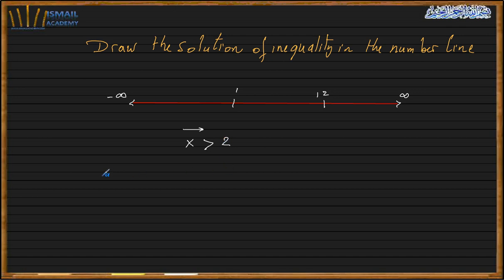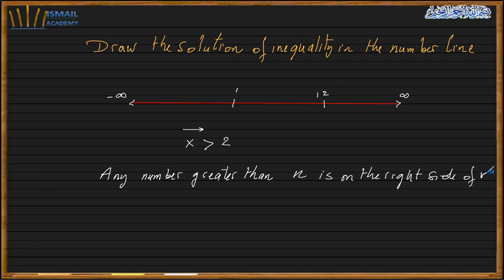So any number greater than, for example, a number n is on the right side of n.